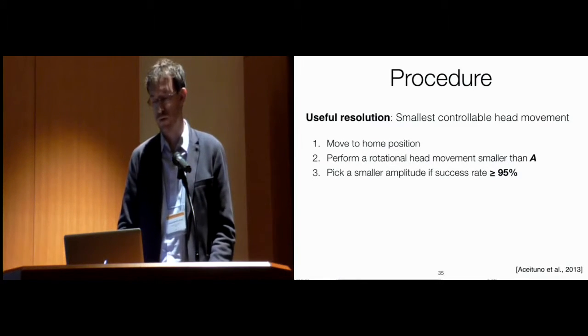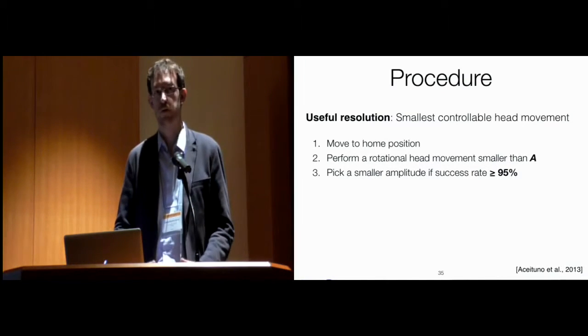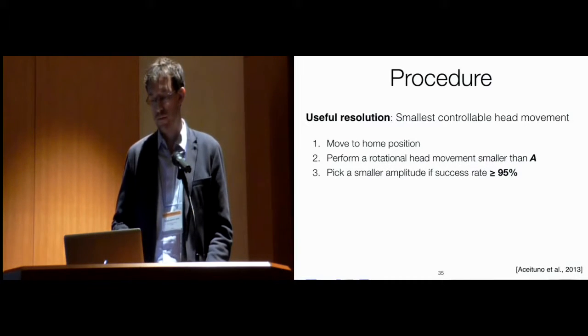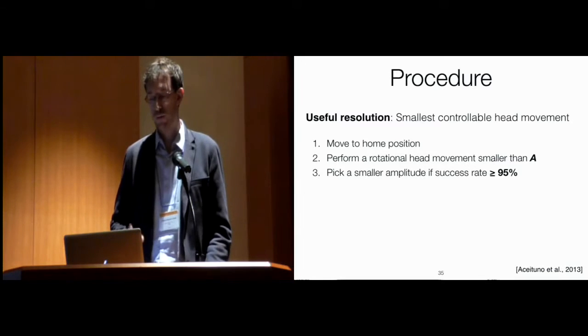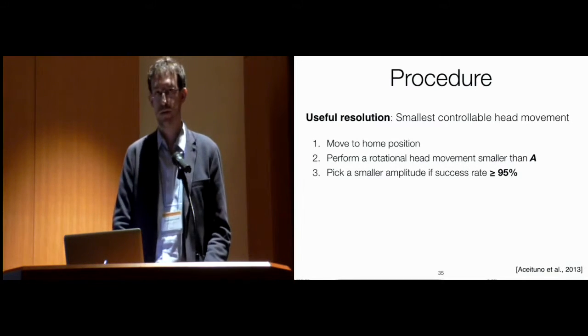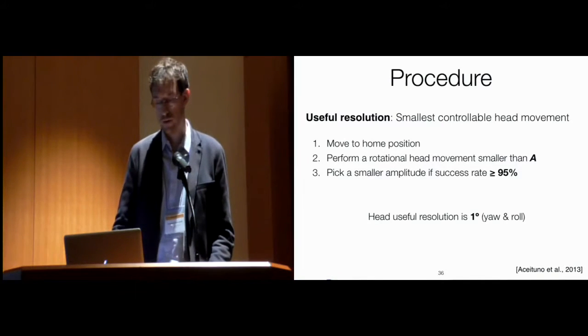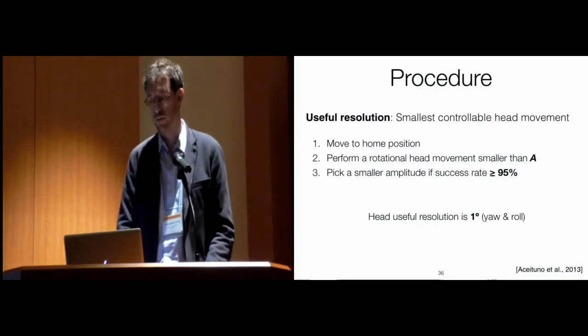We first asked the user to place themselves at a home position, then to perform a rotational head movement which was inferior to an amplitude that we picked. We started from a large amplitude and repeated this step, reducing the amplitude every time, and we stopped when we had a success rate below 95%. And we found out that head useful resolution was 1 degree on both axes.